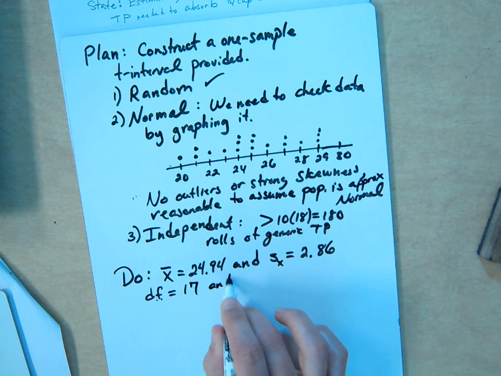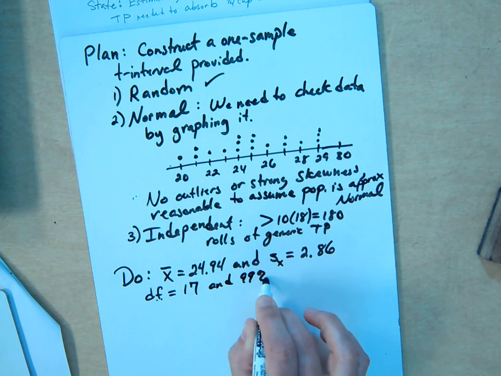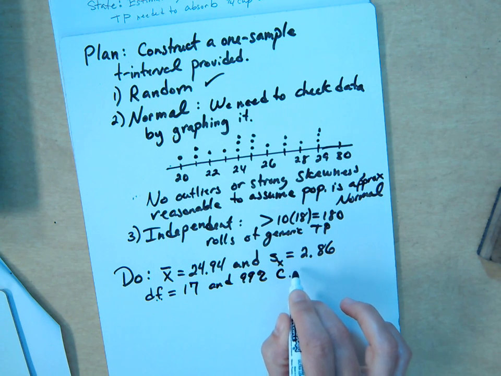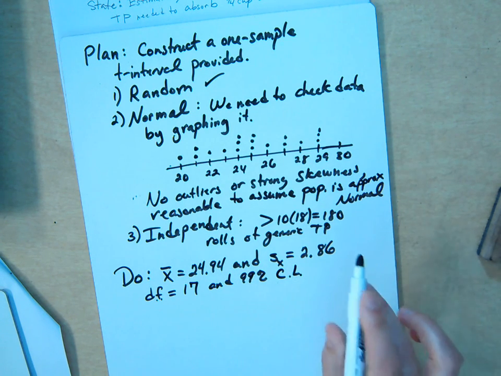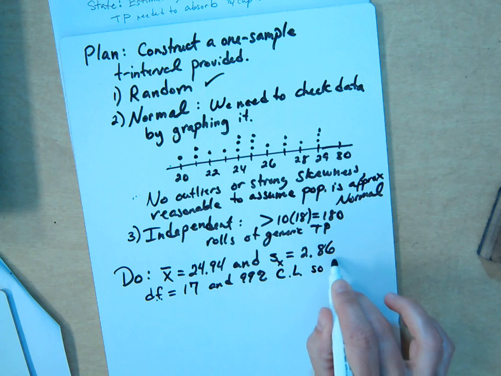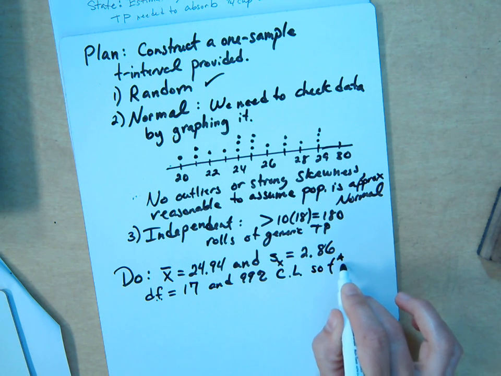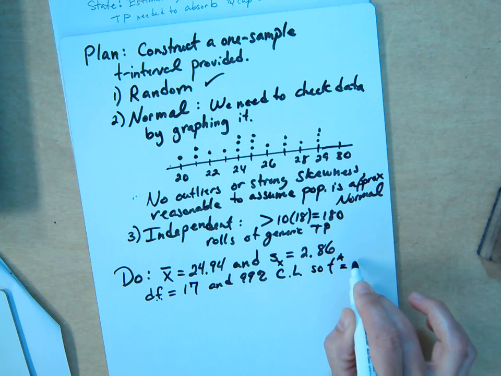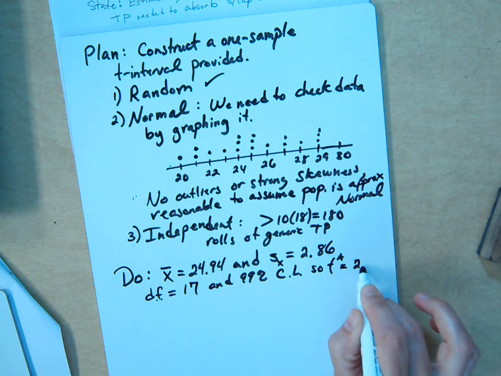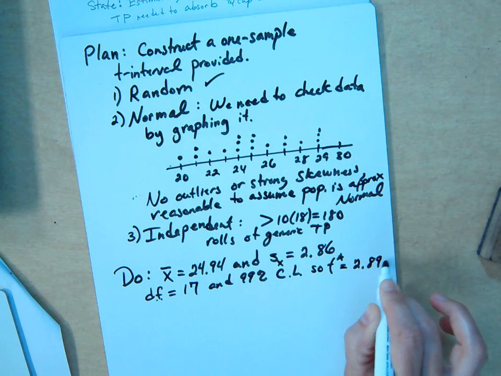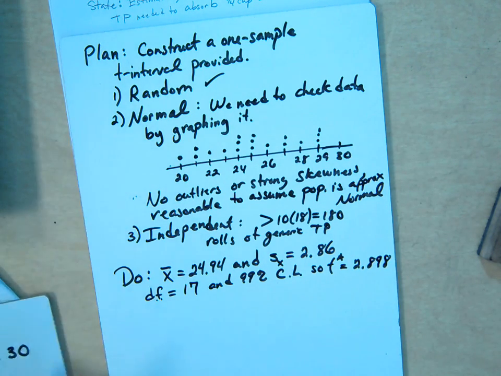And we have a 99% confidence level. So T star, if we look in our table, would give us 2.898, and we could look together here.